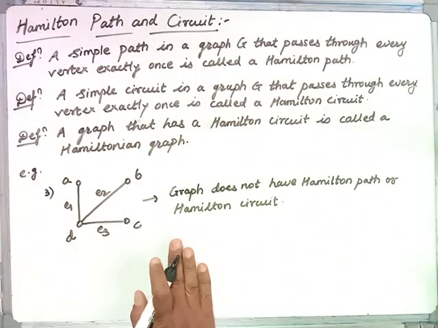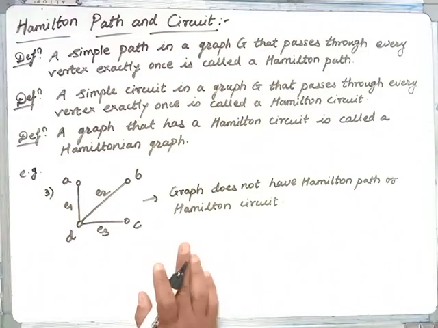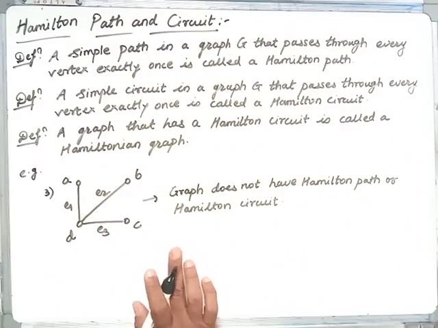The puzzle was to start at any of the cities and travel along the edges of the dodecahedron, visiting each of the other 19 cities exactly once and return to the first city. The problem reduces to finding a Hamilton circuit if we represent it graphically. The graph of that dodecahedron will be as such. Let me show you.